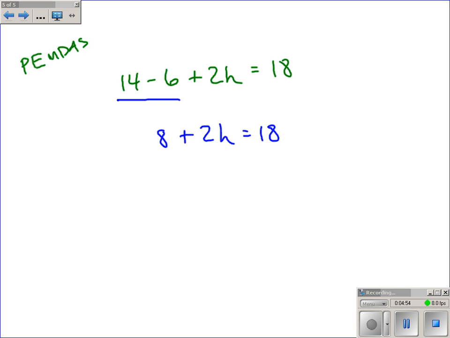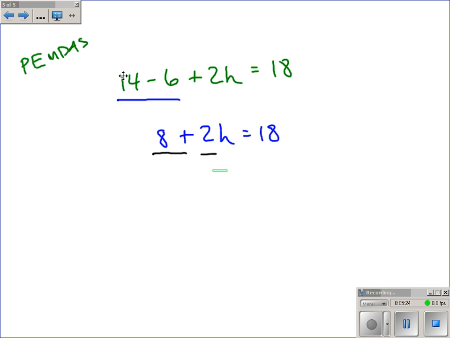Now, at this point, there's two things I could do, and it's kind of hard to know which one I should do. I could get rid of the plus 8, or I can get rid of the multiply by 2. Although you could do either one, keep in mind that if we divide by 2, we have to divide every term by 2, which can be a little complicated, especially if you don't like working with fractions and decimals.